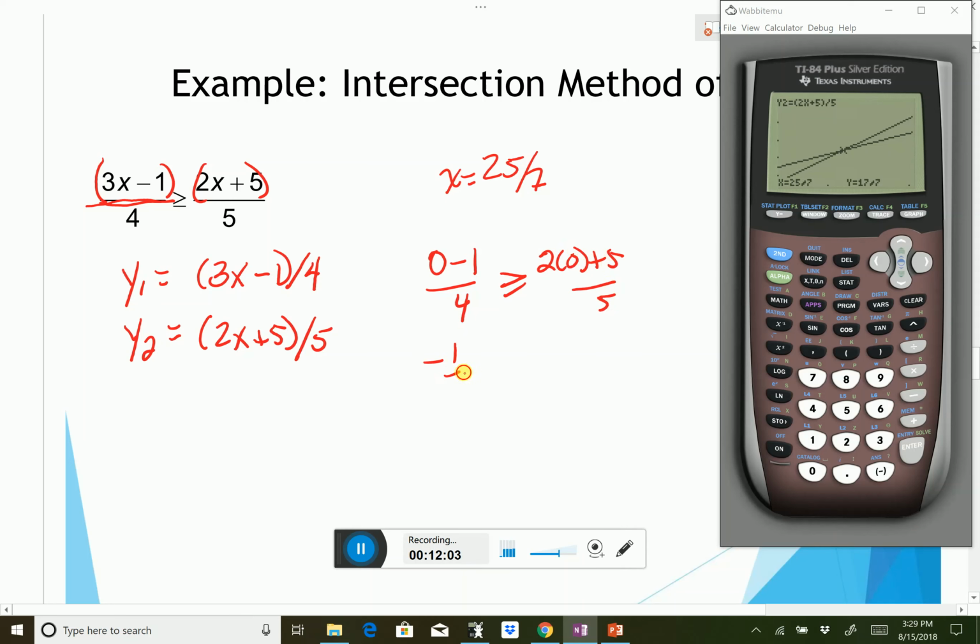So negative 1/4 is greater than or equal to 1. Is this true? No. Therefore, this can't be 0. So x has to be greater than or equal to 25 over 7 in order for this to be true, because it can't be less than that. If it was less than that, then 0 would be okay, and 0 is not okay. So we know that the direction of the inequality stayed the same. It's greater than. Okay.